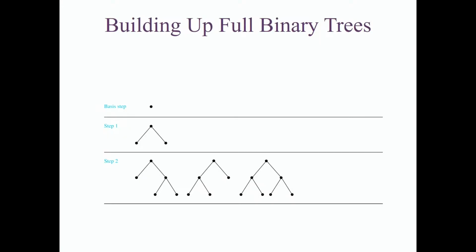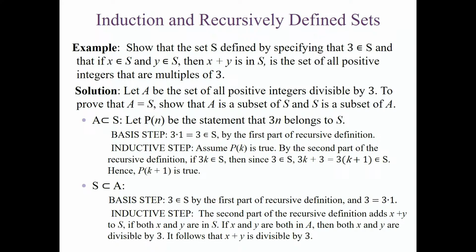Otherwise, we can choose both T1 and T2 from the full binary trees created in step 1. So you can see by step 2, we can grow the full binary tree to 3 additional trees. Okay, that's the definition of full binary tree.